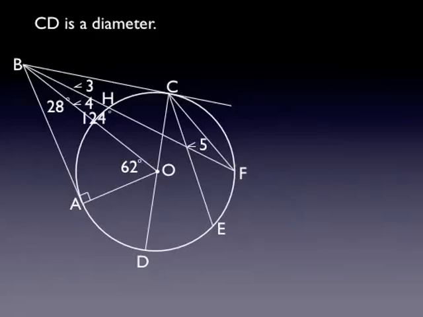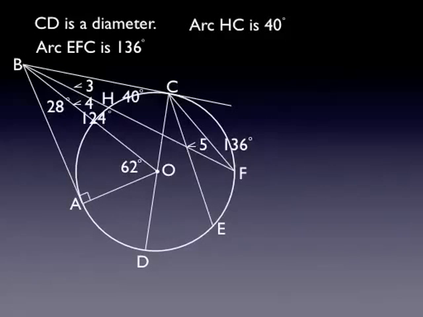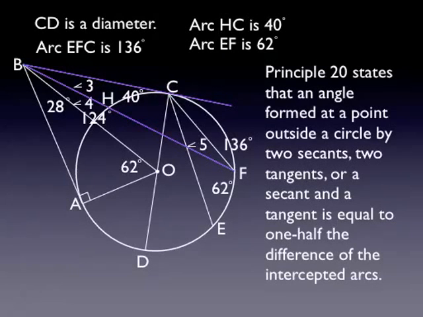Don't forget the chord CD is the diameter, and arc EFC is 136 degrees. Arc HC is 40 degrees, and arc EF is 62 degrees. We'll need this information to solve for angle 3. Principle number 20 states that an angle formed at a point outside a circle by two secants, two tangents, or a secant and a tangent, which is what we have in this case, is equal to half the difference of the intercepted arcs.